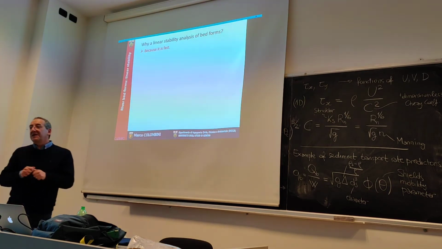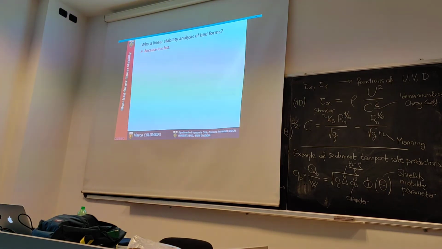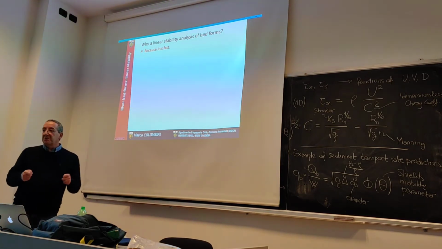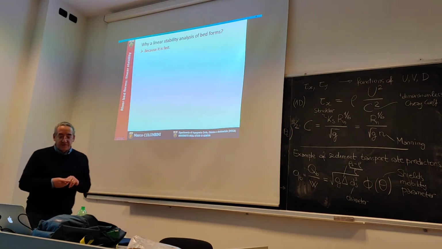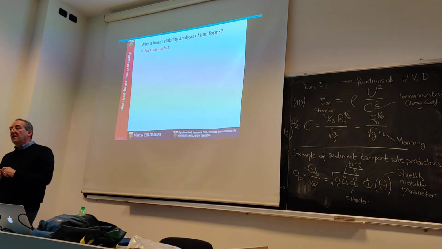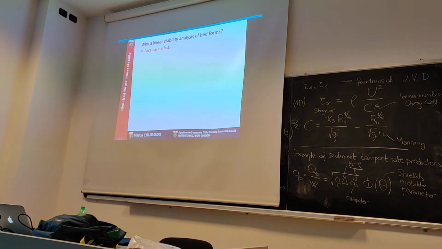Well, the first thing is that it's fast. It's extremely fast. When you have done all the calculation, and sometimes it's a matter of one afternoon, you can explore the field of the parameters in a very fast way. You have partial information because it relates to small perturbations of your system.